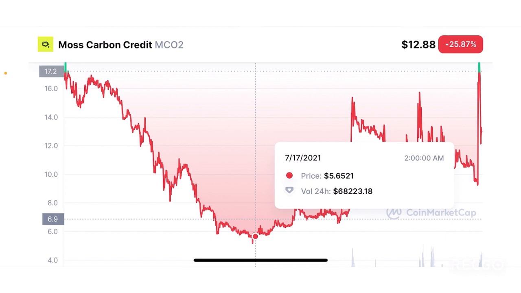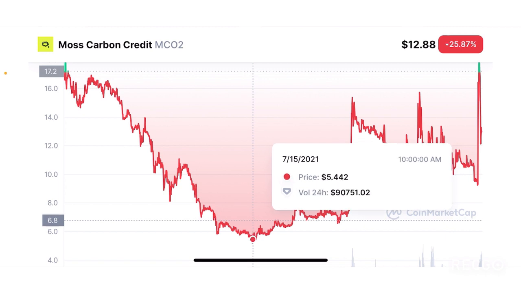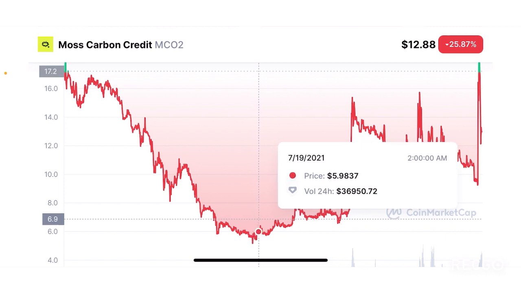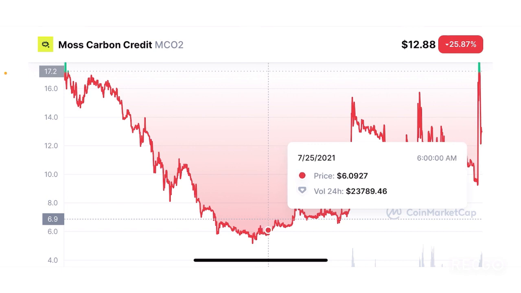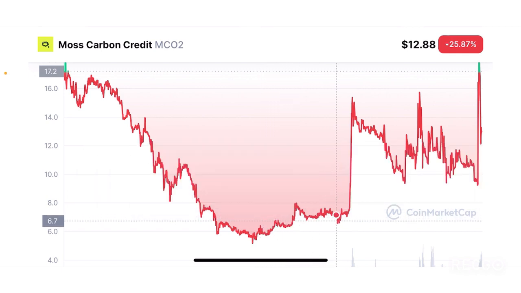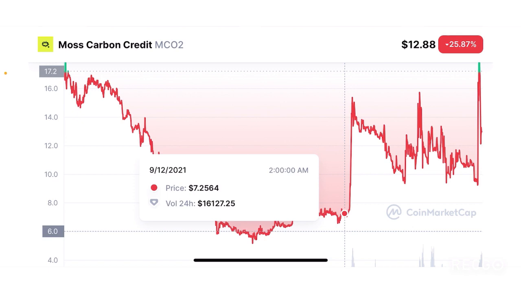This was during mid-July this year, and then after reaching that all-time low, this token started rallying back upwards, making its first peak price point of $15.37, which is still lower than its previous all-time high.